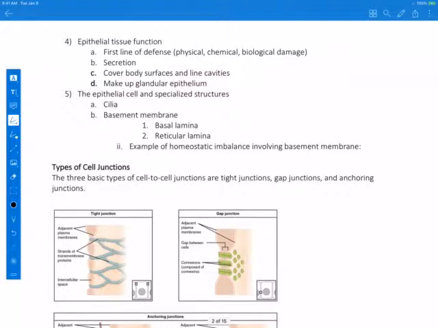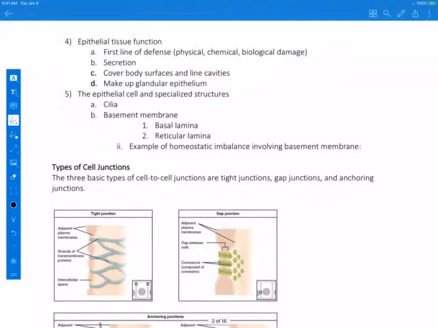Many epithelial cells secrete mucus or chemicals onto the apical surface. For example, the small intestine epithelium secretes digestive enzymes that help break down your food into smaller chemicals. Another example would be the respiratory epithelium, which is really considered to be mesothelium.